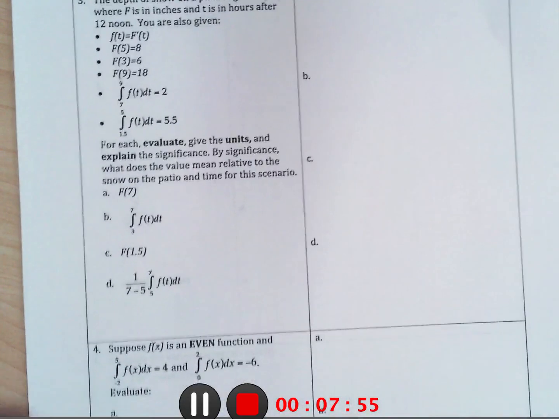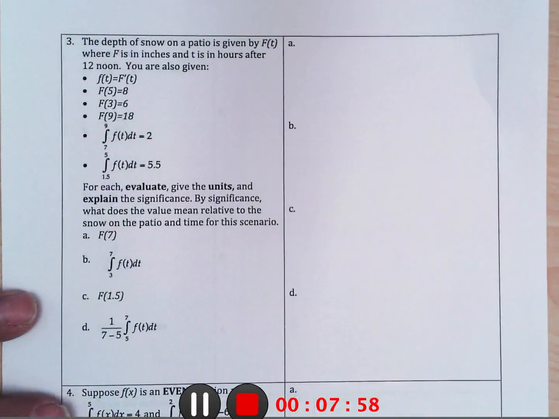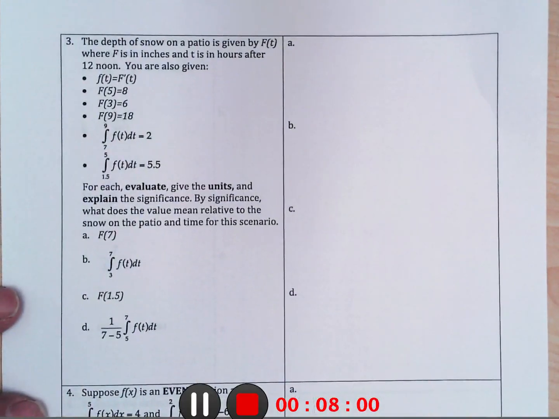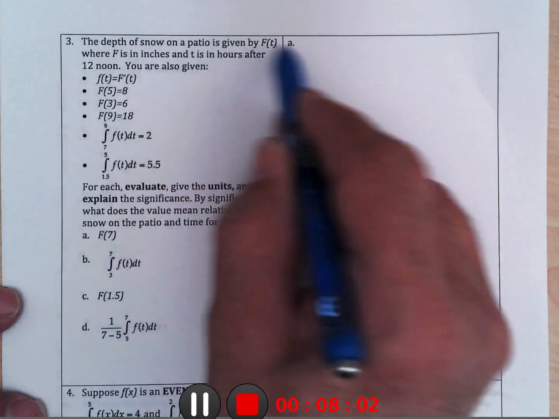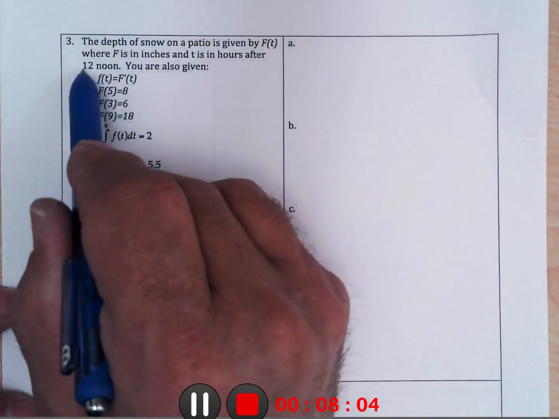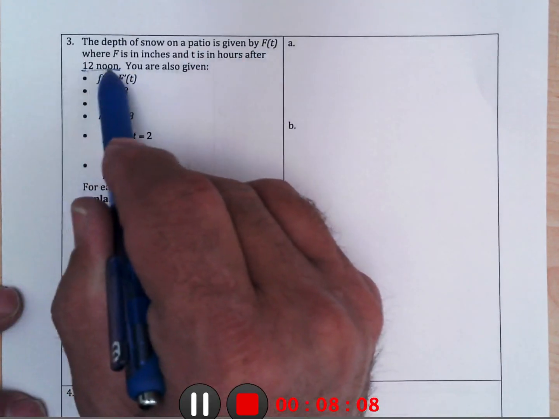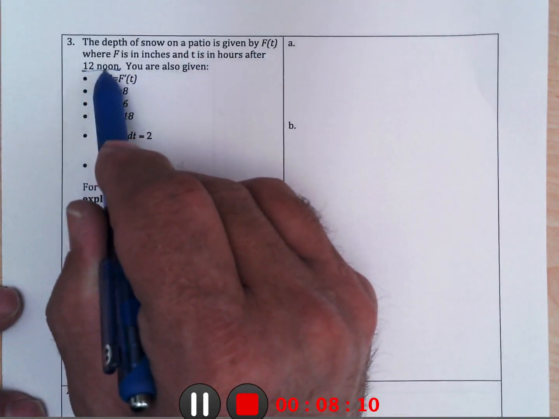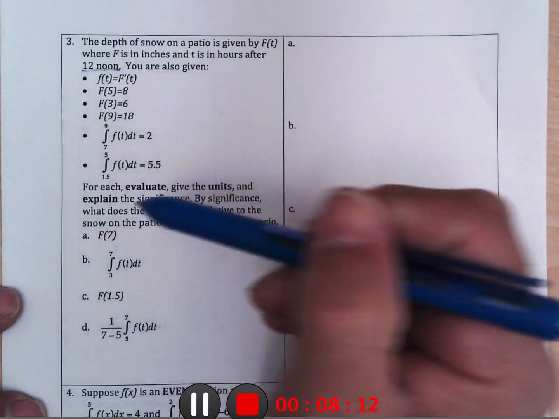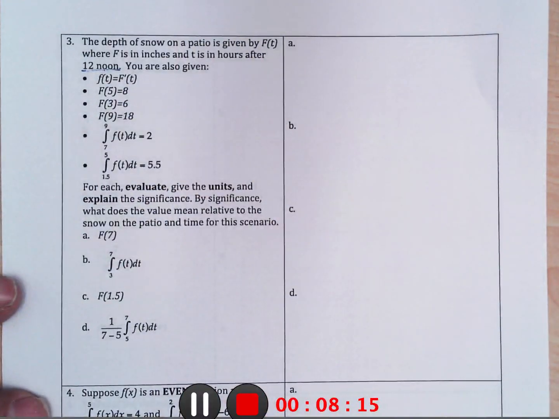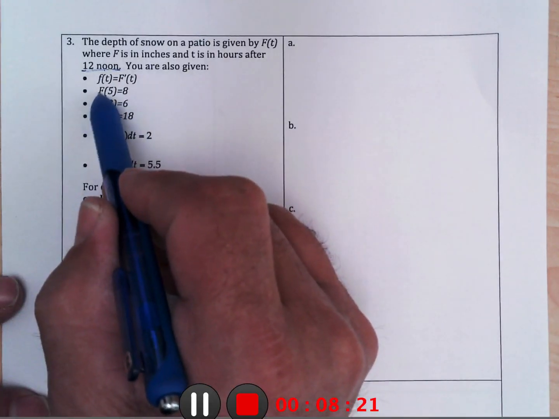Okay, number 3. So the snow is falling on the patio, and it's keeping track of it after 12 o'clock noon. So all these times, if they're not over 12, will be PMs, so I need to make sure I include the PMs in my answers. The amount of snow at 5 is 8 inches.